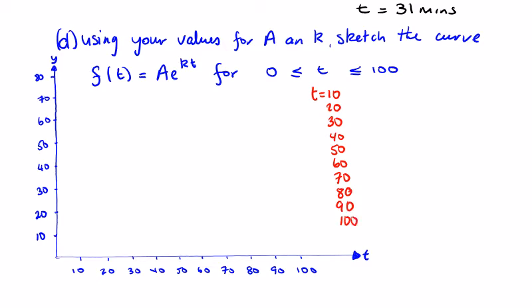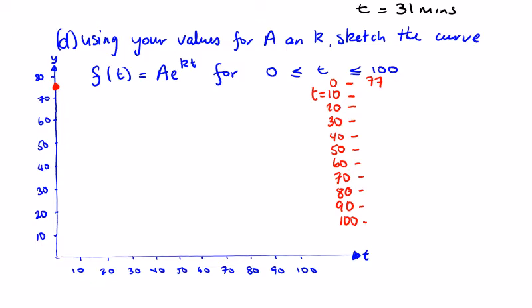Set up your calculator so we can work out what y is. We also have t equal to 0, where we know the initial amount was 77, so you can put that on straight away. Then get these values by setting up your calculator and just changing the t each time.